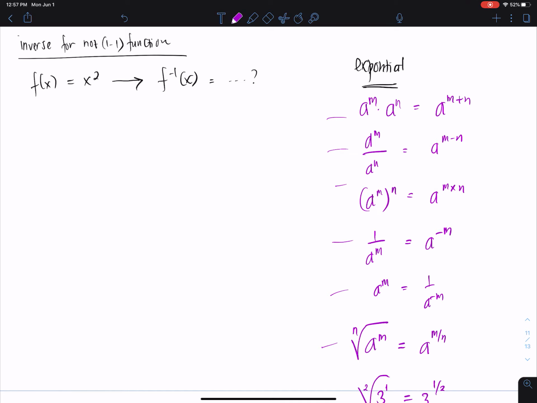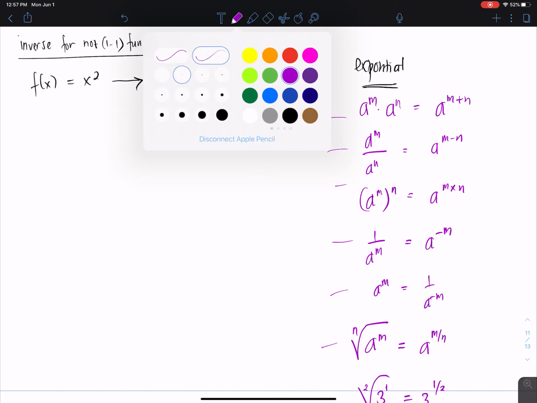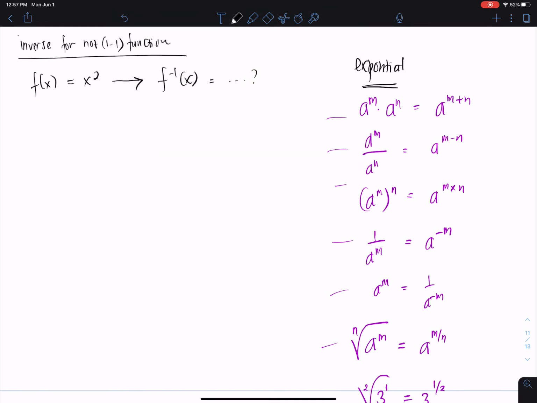Okay, so let's see the first example here, f(x) equal to x squared. So what will be the inverse? The process will be the same, it's not going to change. The first thing that we need to write down is the statement f(x) equal to y. So our f(x) here is x squared, equal to y. We need x, but over here we have x squared.